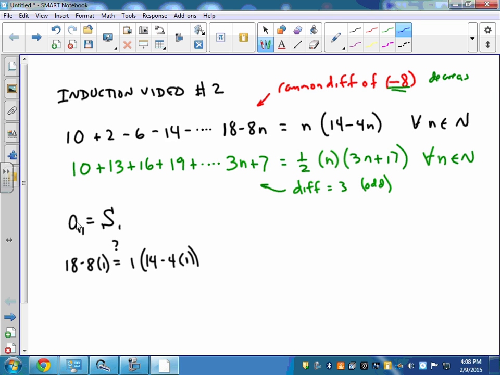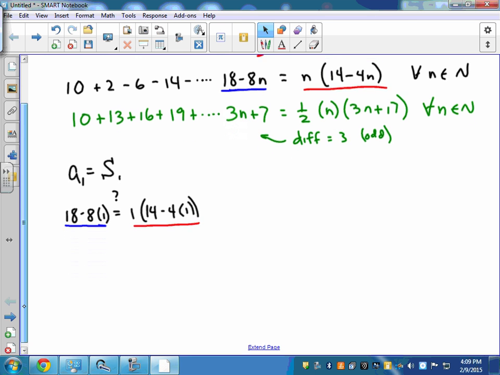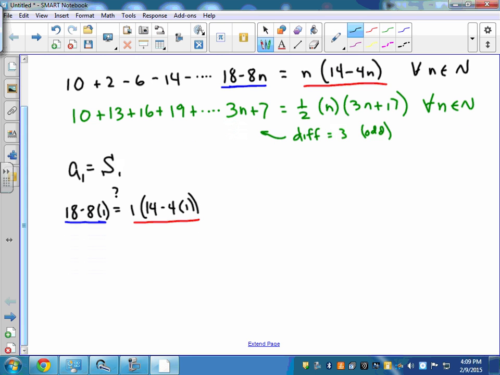Remember how this comes about: you go into each expression and replace the letter n with the number 1. And we have those 2 statements. So let's verify that that makes sense. We have 18 minus 8, and this is 14 minus 4. And sure enough, 4 is equal to 4.